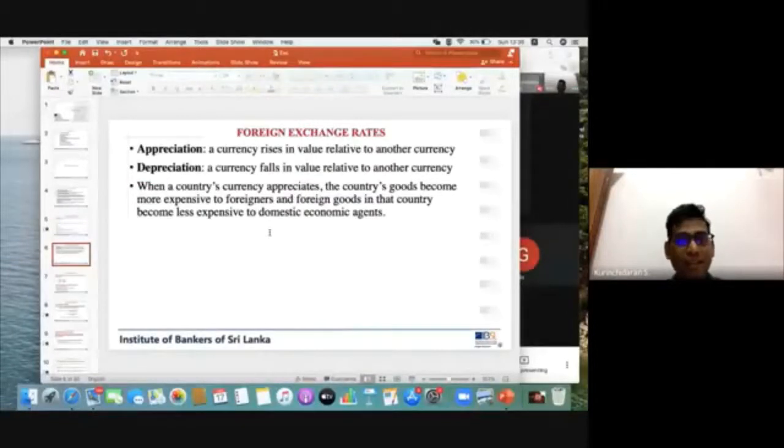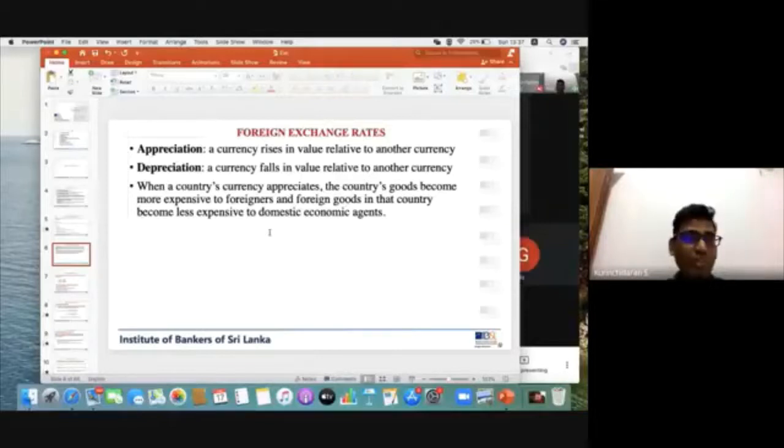And sometimes the currency appreciates or depreciates. Now let's assume, as I said earlier, foreign exchange is the price of one currency in terms of another currency, right?